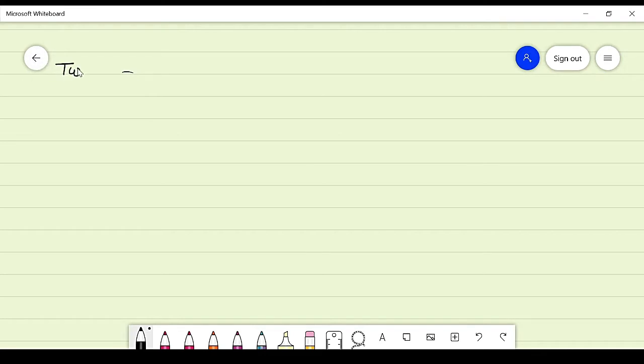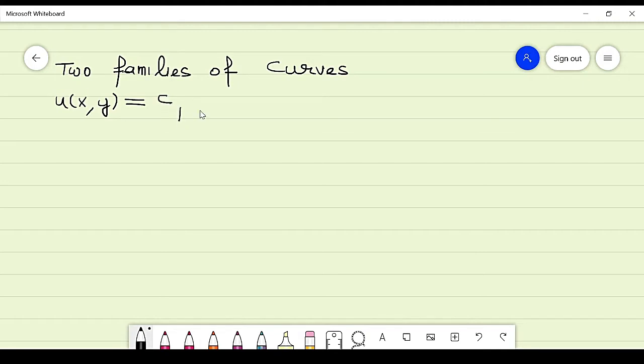Two families of curves u(x, y) equal to constant c1 and v(x, y) equal to constant c2 are said to be an orthogonal system.